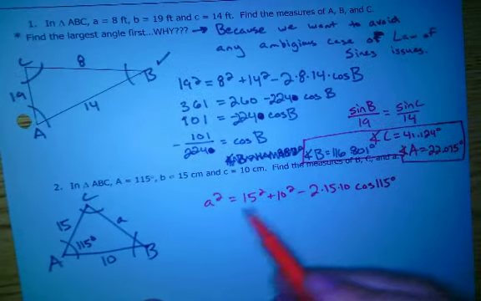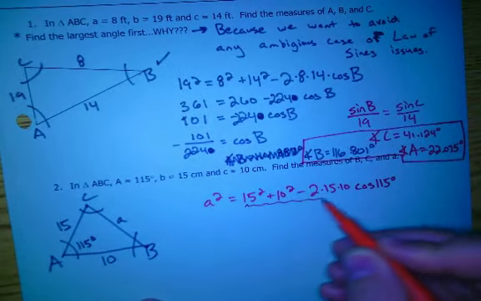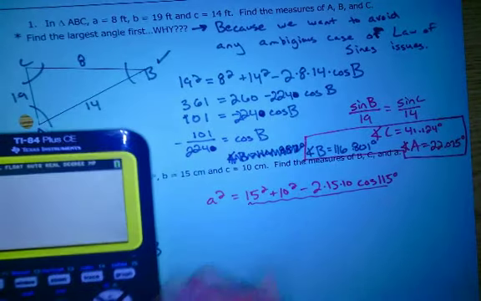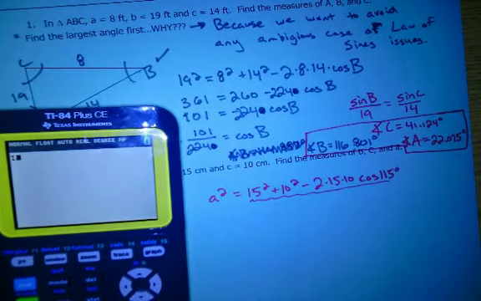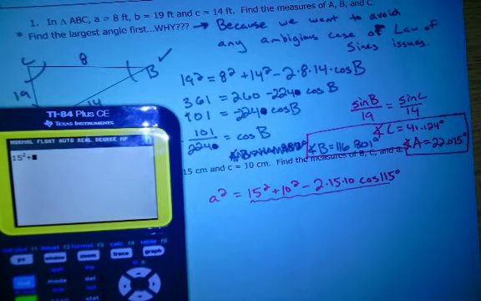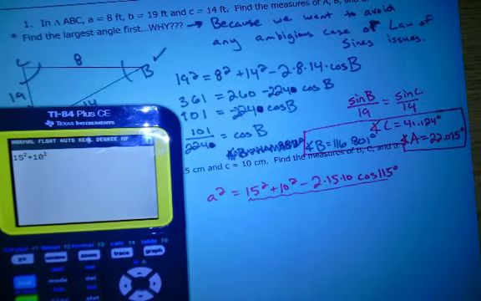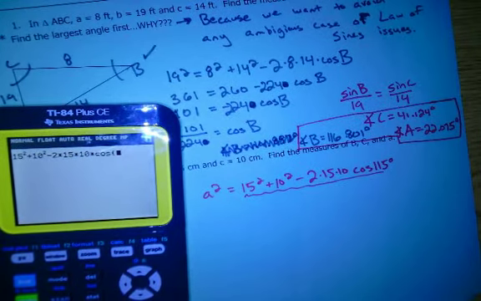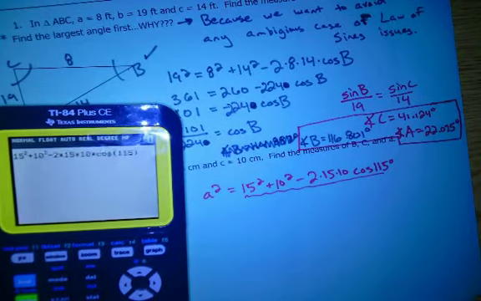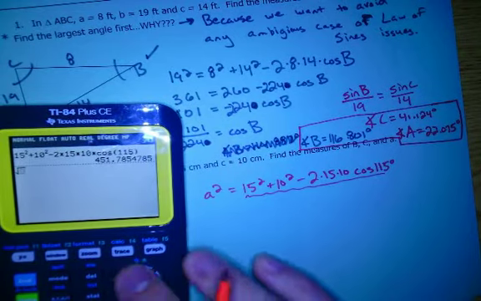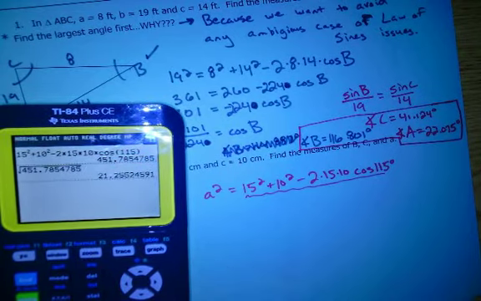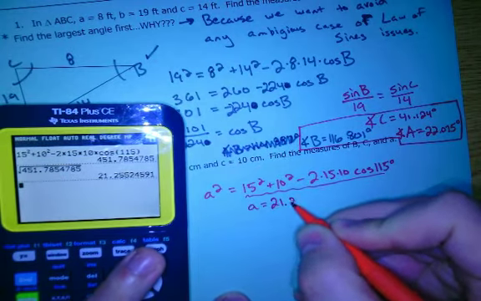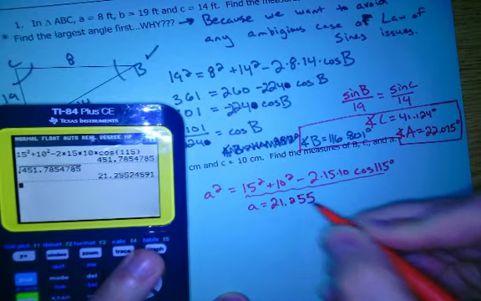So you would type this entire thing in your calculator, and then you would square root it. So let's go ahead and do that. You're going to get 15 squared plus 10 squared minus 2 times 15 times 10 times cosine of 115. And then we're going to square root that answer. And A is going to equal 21.255.